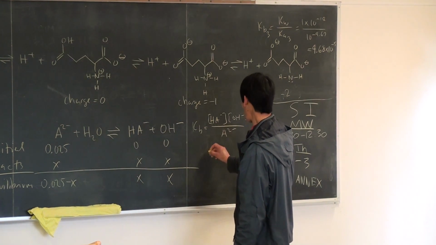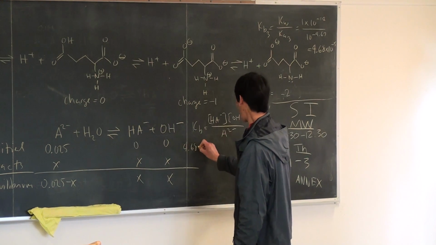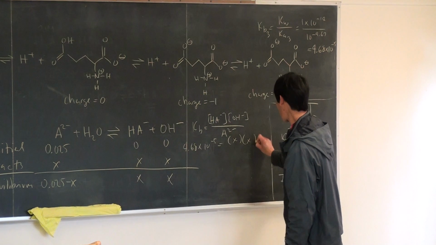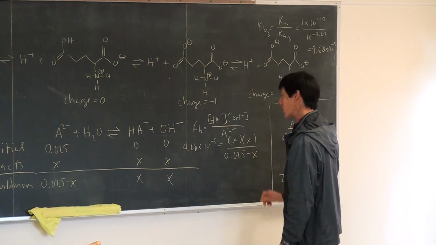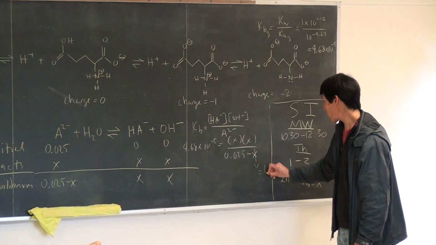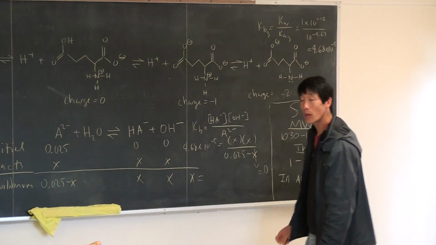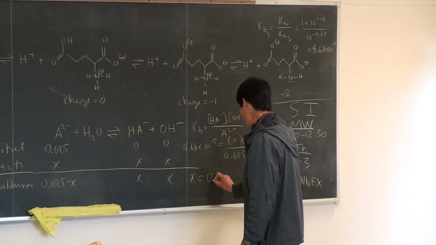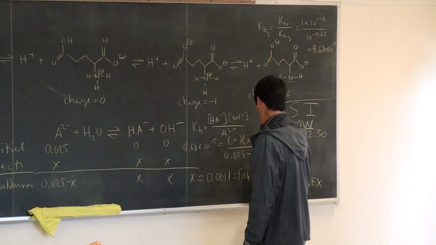So we're going to have Kb, which is 4.68 times 10 to the minus 5, equal to x times x divided by 0.025 minus x. And as we've been doing, the x here we're going to say is equal to 0. So if we solve for x, that's equal to 0.0011. Note that this is also equal to the OH minus concentration.